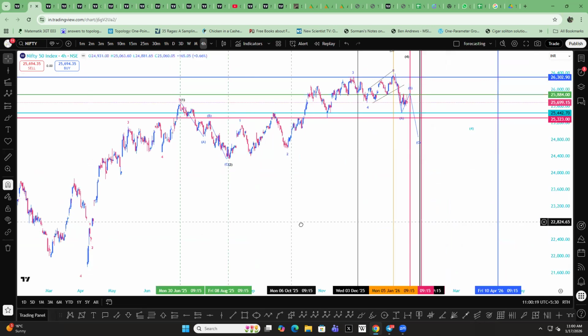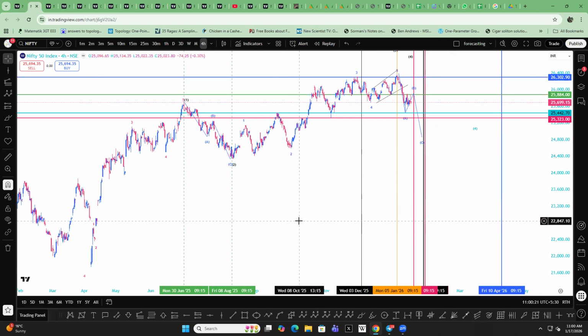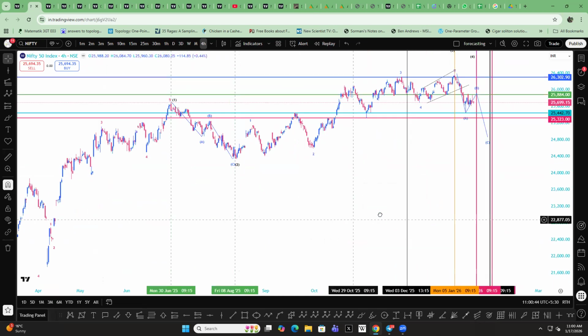Before that, let me analyze this again for you in a bigger frame. See, we'll always discuss probabilities, and if it is 1, 2, 3, 4, 5, that is wave 1 is completed here. I have marked it in black, wave 1.